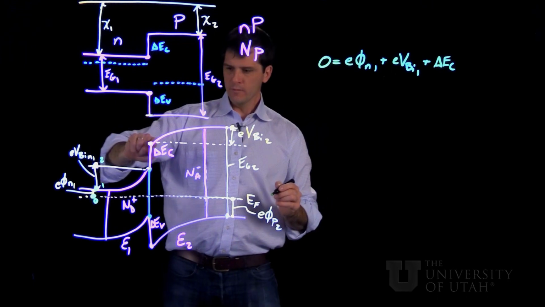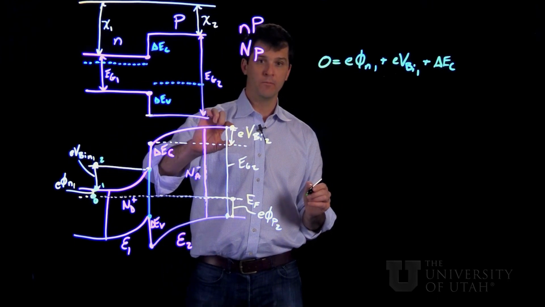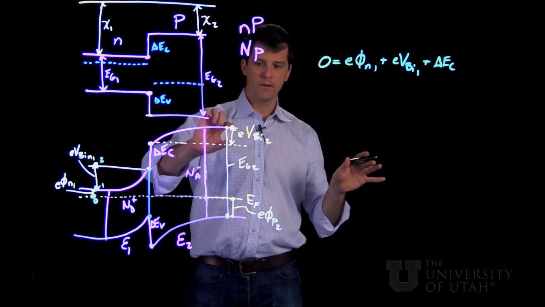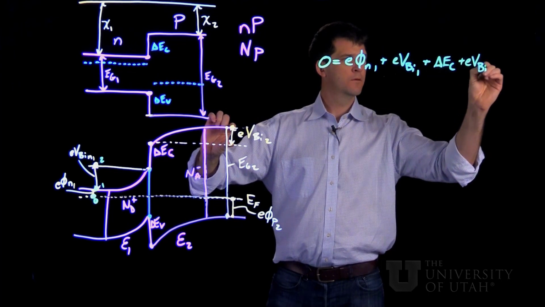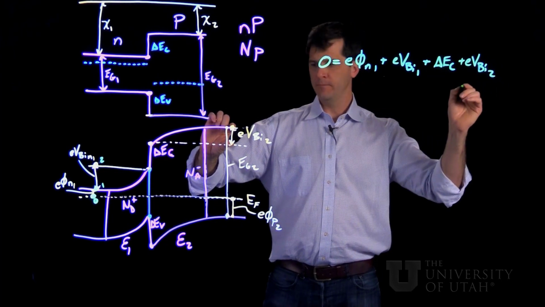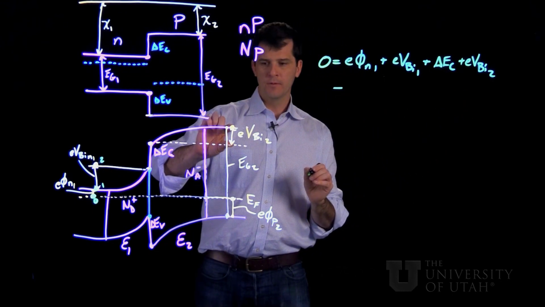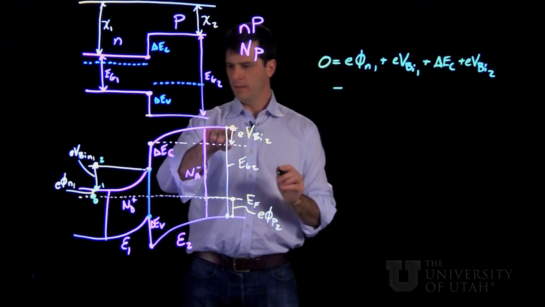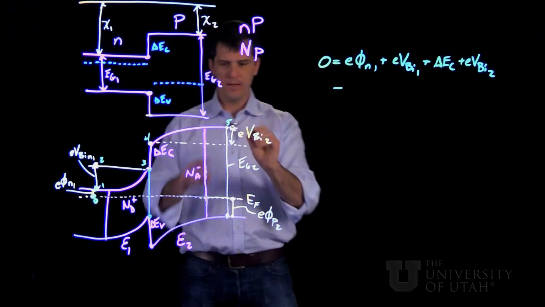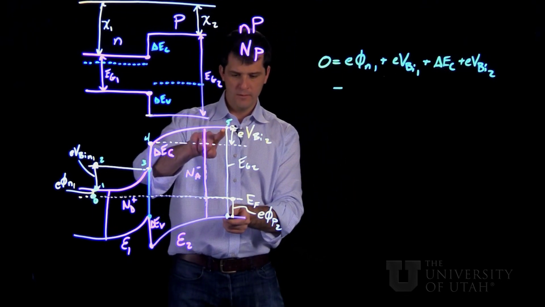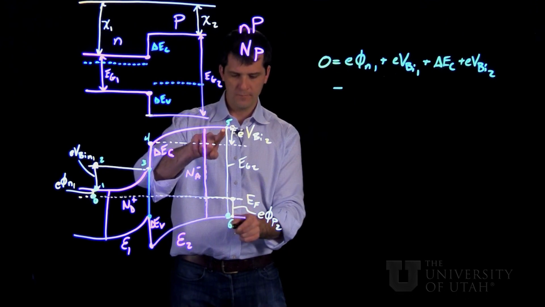Then if we come over here far away from the junction, this distance here, moving us up to the conduction band on the second side with the larger band gap, is going to be the built-in voltage on the second side. Now we're going to start moving back down to close our loop. So we're starting here at 0.5, and we're going to go all the way down across the band gap to get here to 0.6.